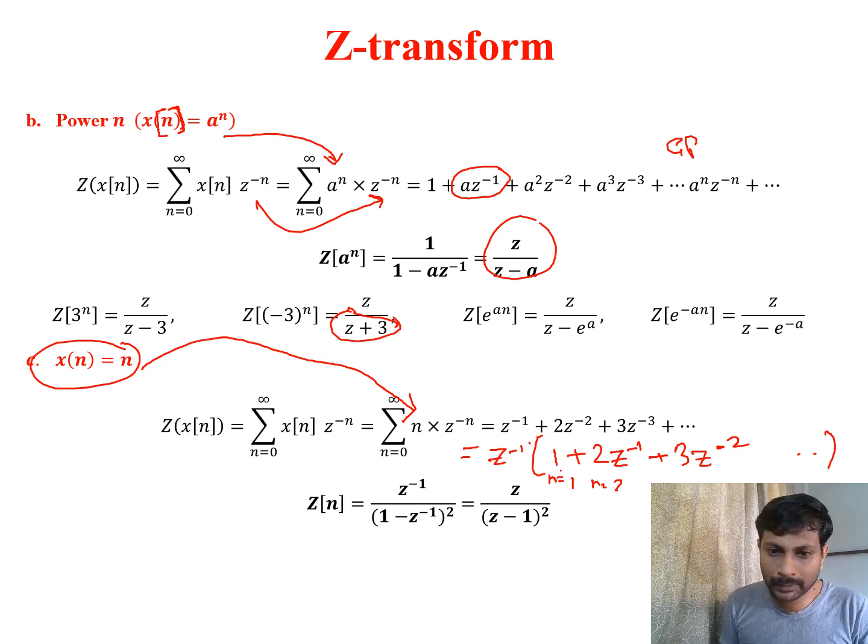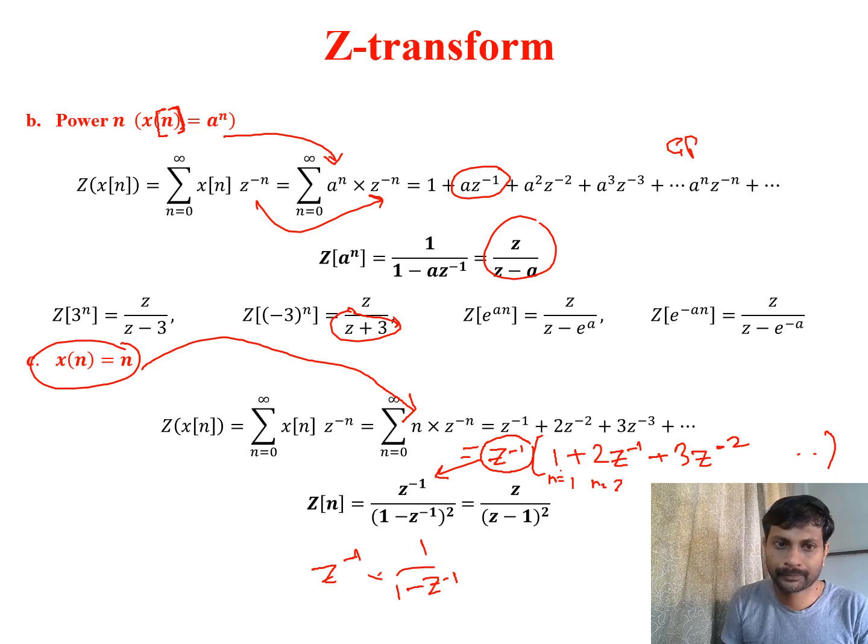If you take z to the power minus 1 common, the repeating term is z to the power minus 1. So we take z to the power minus 1 into 1 by 1 minus z to the power minus 1, and this comes out to be the solution.